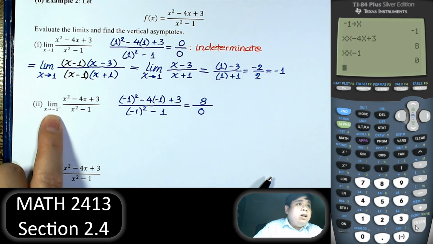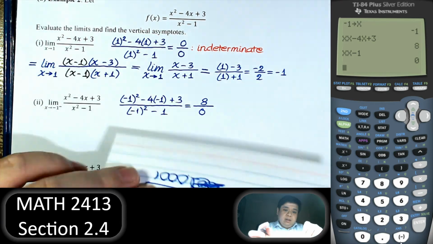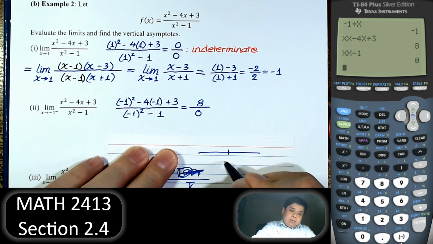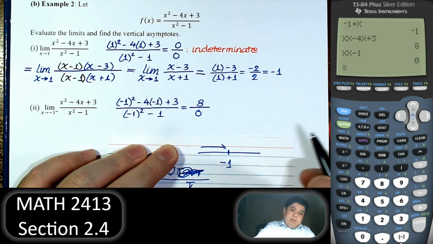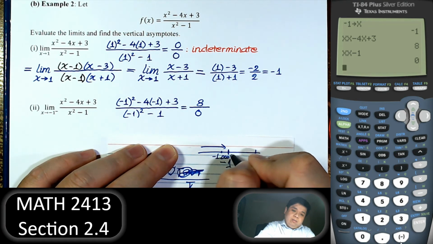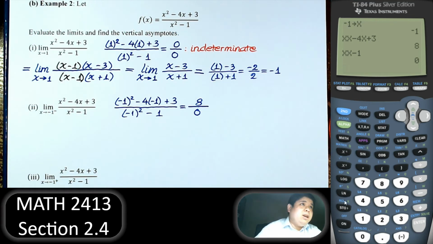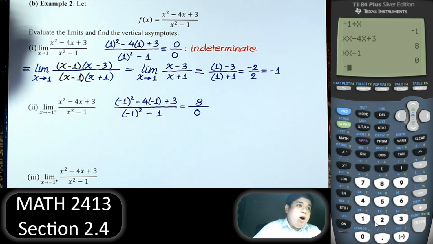Now this is from the left side of negative 1. So is that negative 0.9999 or negative 1.0001? It's on the left side of negative 1, so this should be negative 1.0001. We don't even need to worry about that. We just say it is negative 1, right?